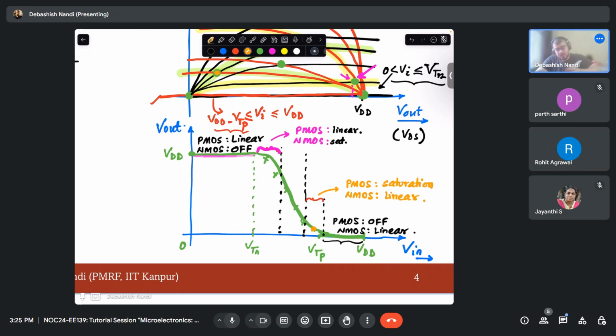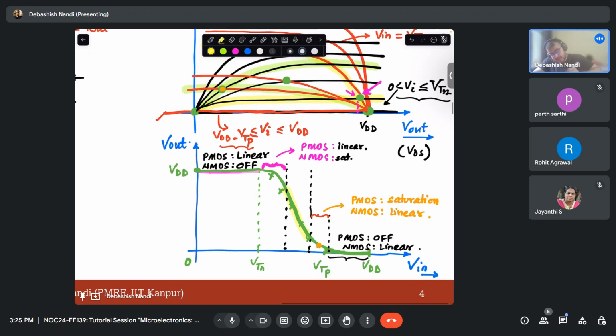And what about this intermediate region? This blue highlighted region is this point. So both are in saturation. So both PMOS and NMOS are in saturation region, right? So that means what?